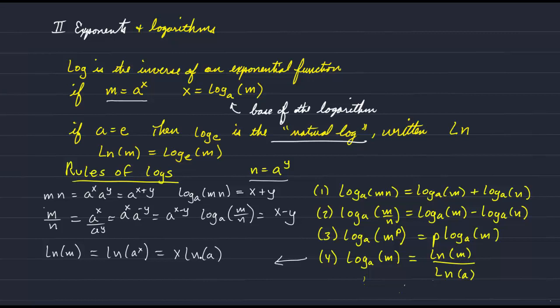That's rule 3. So if we solve for x, we see that x is equal to the log of m divided by the natural log of a. And again, x was equal to the log base a of m, and we've verified our fourth rule.